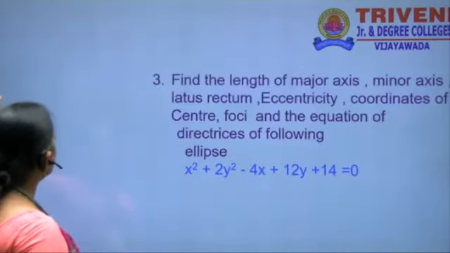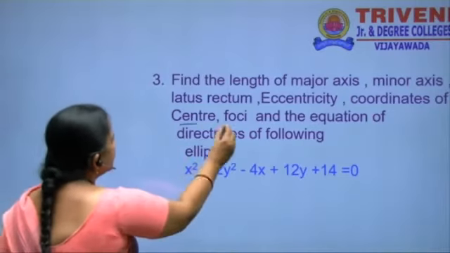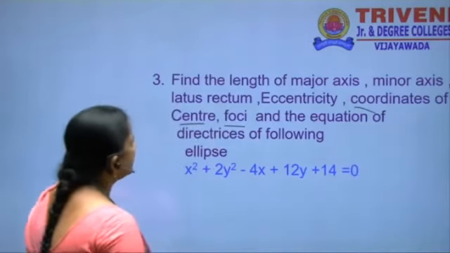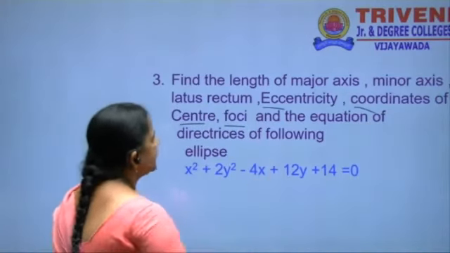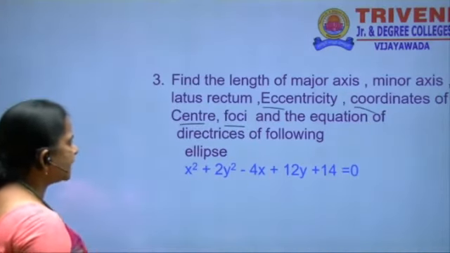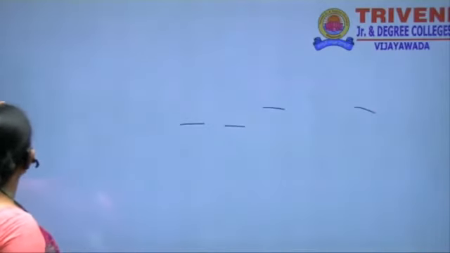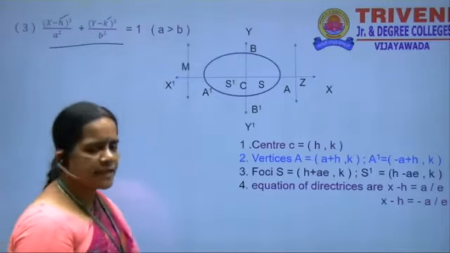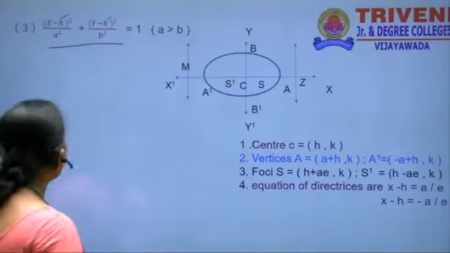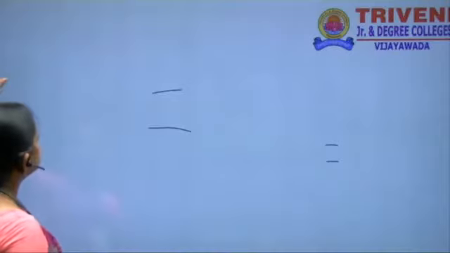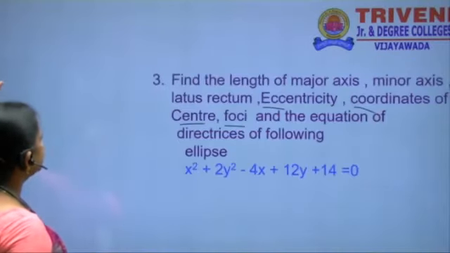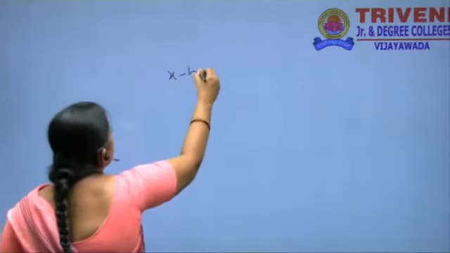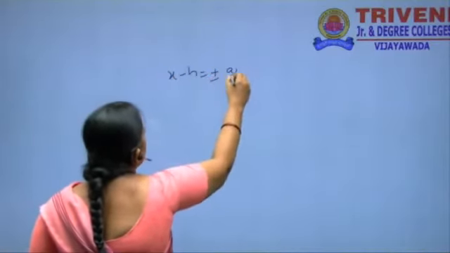And then next one is we have to find here the center completed, foci and coordinates of the center, eccentricity also completed here, and the equation of the directrices. The formula of the equation of the directrices is x minus h is equal to plus or minus a by e.